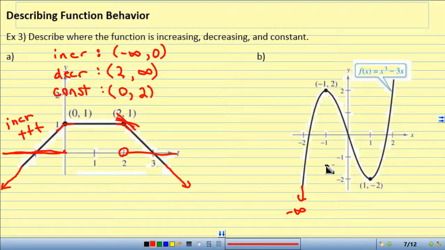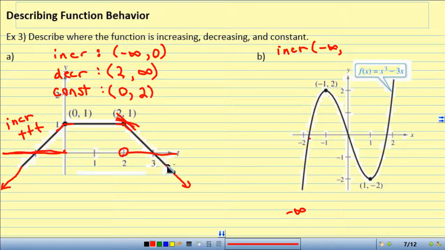And understand, when I go out here, it's going to be way down there. But nonetheless, I can keep going. I've got x values all the way to the left. So it's increasing from negative infinity, all the way to -1.